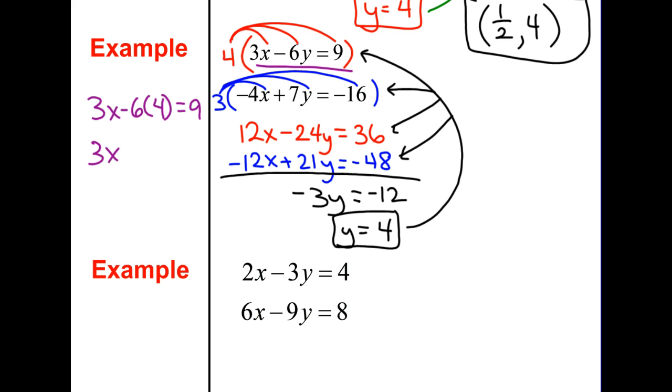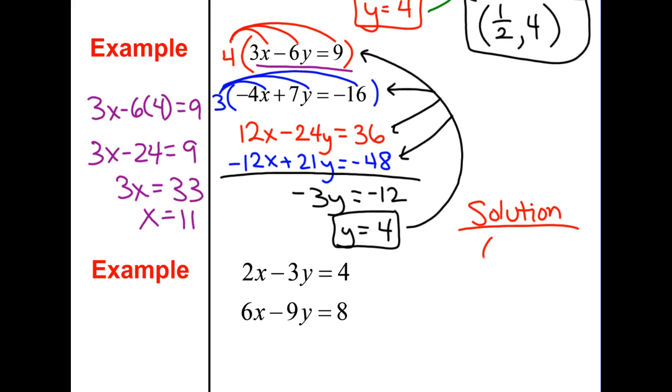So 3x minus 24 equals 9. 3x equals, so we're going to add 24, 33. x equals 11. So our solution is 11, 4.